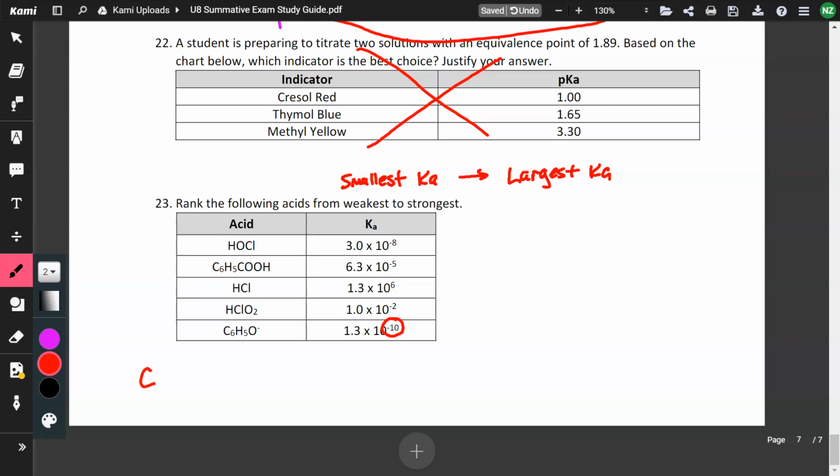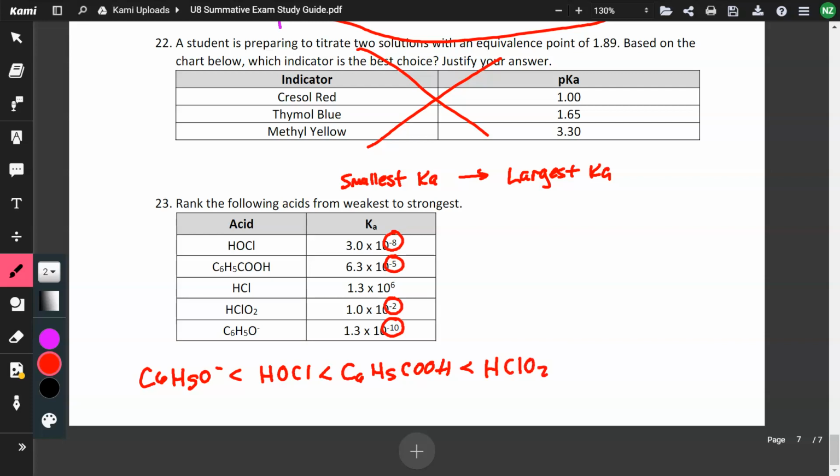So it'll be C6H5O, then this one, then this one, then this one, and then finally our HCl, which is the biggest.